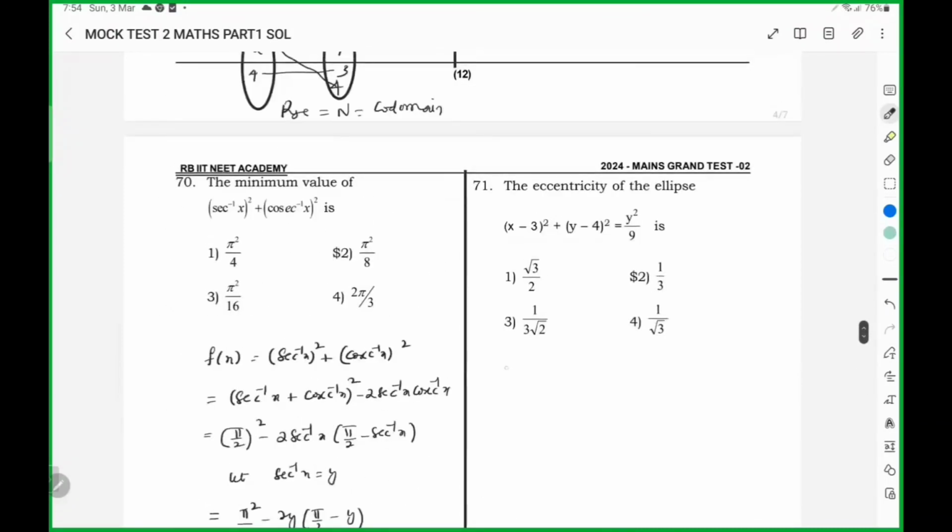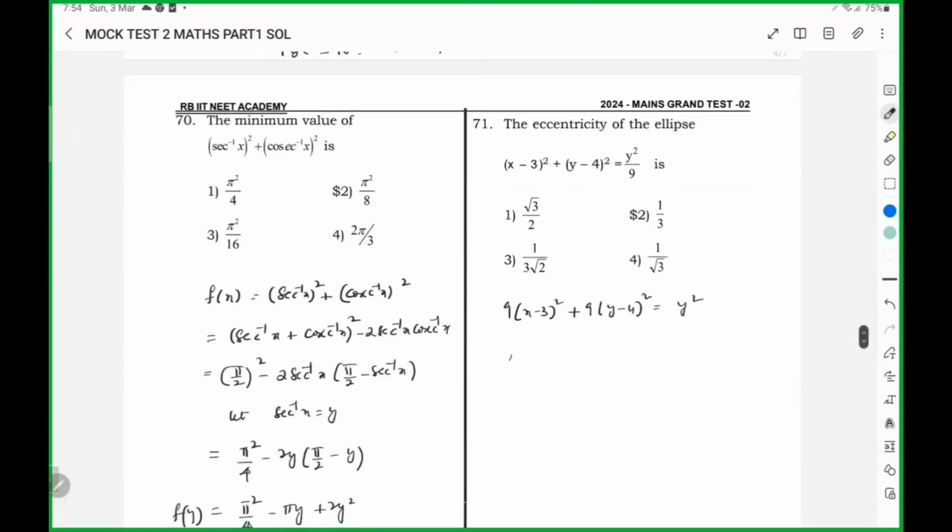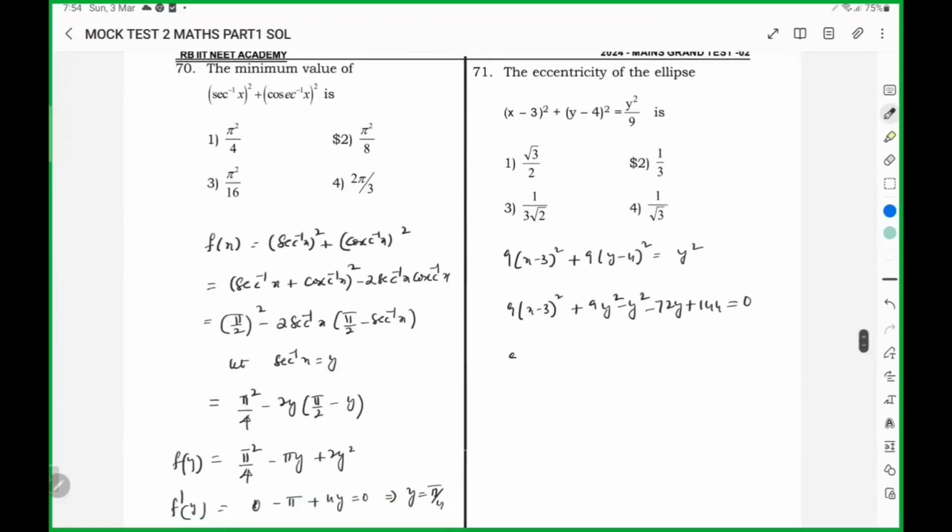Here it is 9 into (x minus 3) whole square plus 9 times (y minus 4) whole square. So we get here 9y squared minus 72y plus 144 equals 0.